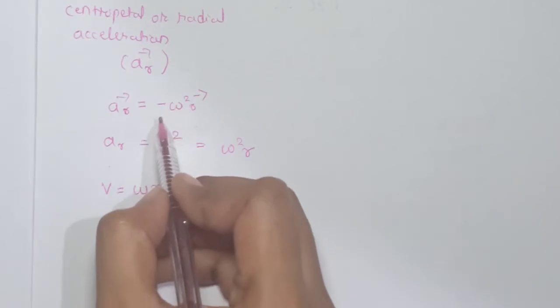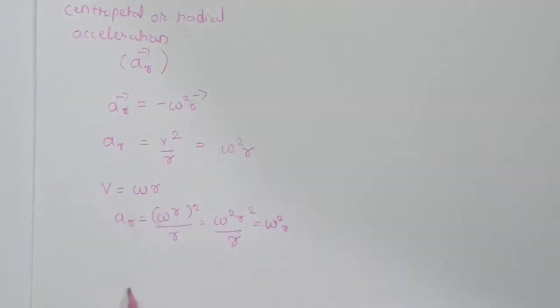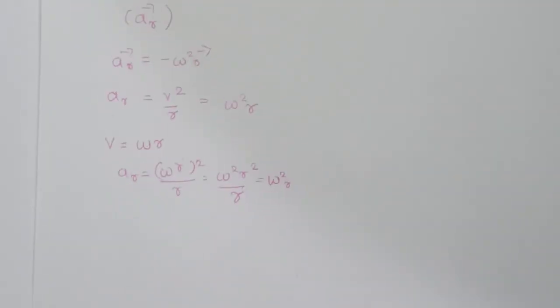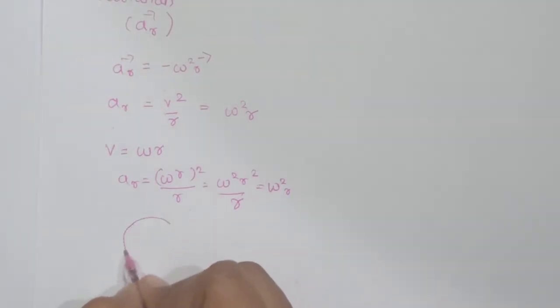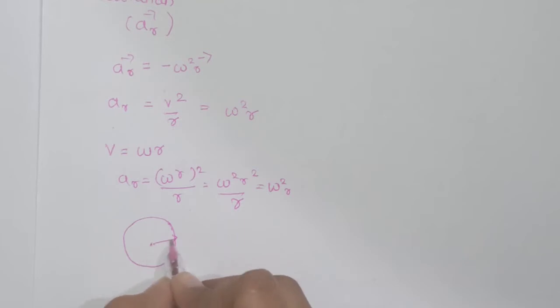Here the negative sign stands for the following: in circular motion, r stands for how far the particle is away from the center, and it is away from the center, while centripetal acceleration is toward the center.